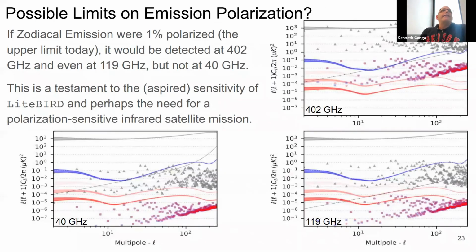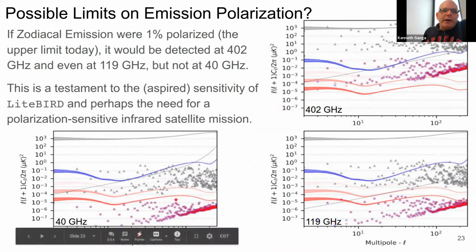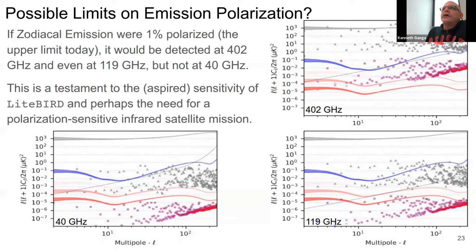So this is how these power spectra that I showed you before change. The point is that with this polarization, the temperature hasn't changed at all, really. But now there is something polarized that we should be able to detect. I thought this was interesting.